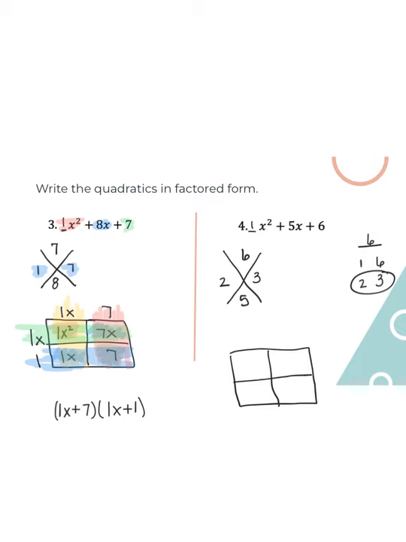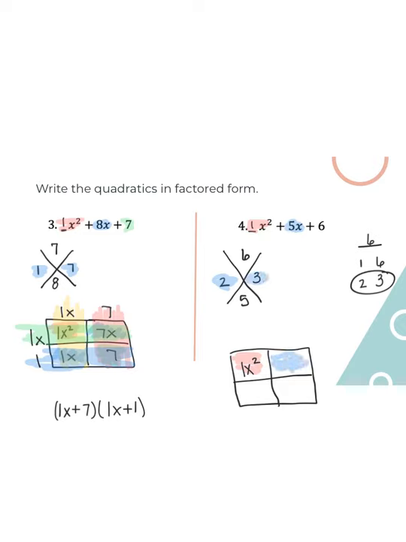Remember, I start with my A value, and that's going to go right here. So I'm going to write 1x squared. And move on to my B value, which is my 5. And I'm going to replace that 5 with a 2 and a 3.